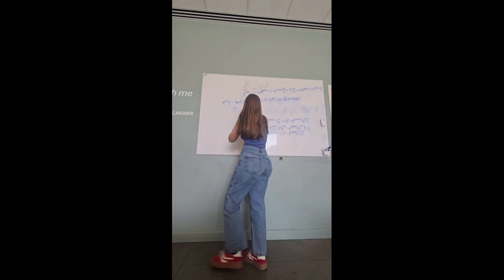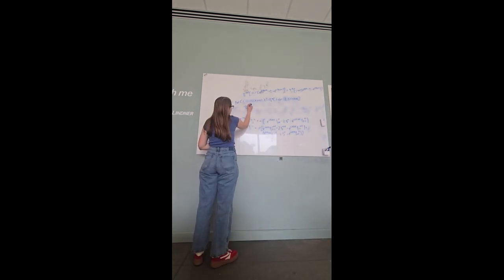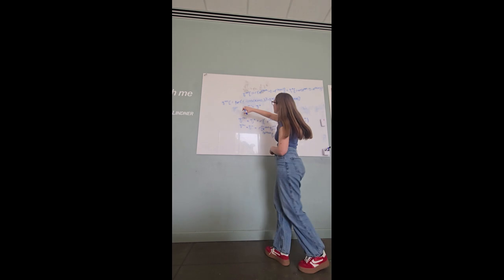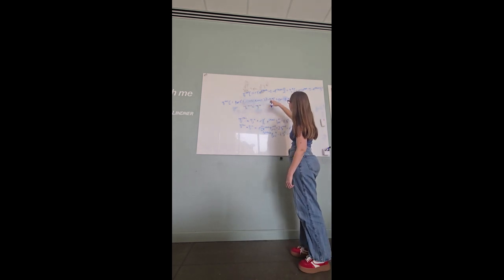So on this side we're going to have TJ n plus 1, and then here this is going to be TJ n. And then we're going to divide. This is going to be the top, this is going to be the bottom.